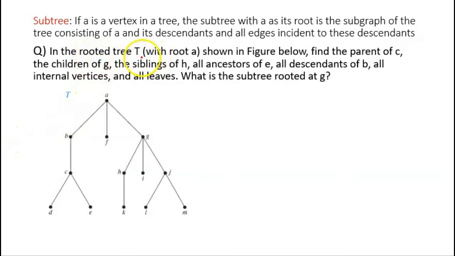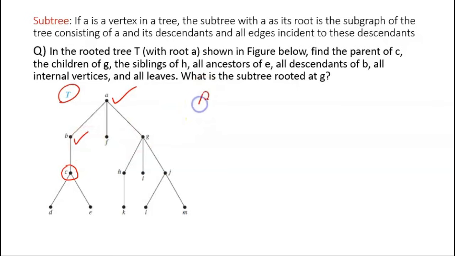In the rooted tree T, here T is the rooted tree and A is considered as the root. Find the parent of C. So first question is find the parent of C. So here we have C. What is the parent of C? Parent of C is B, right?